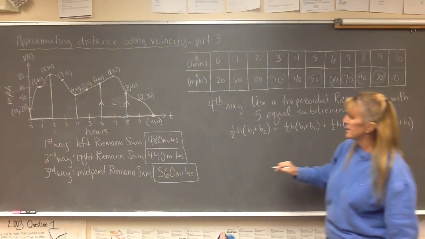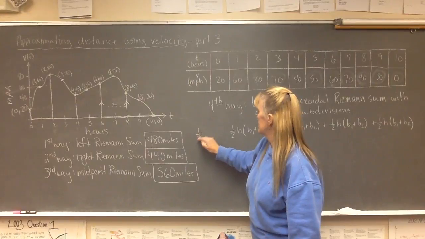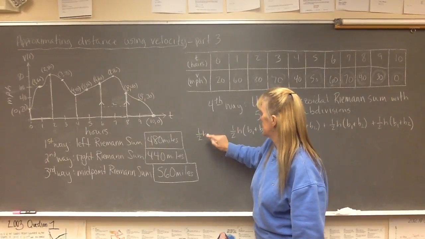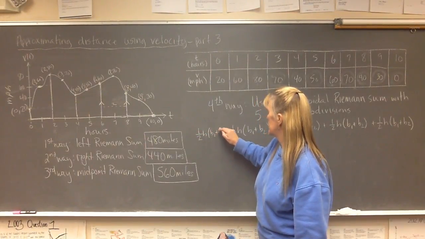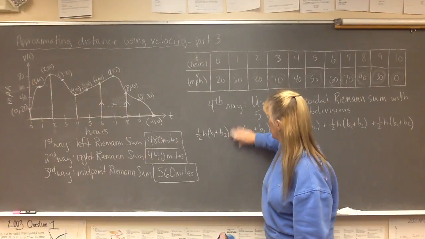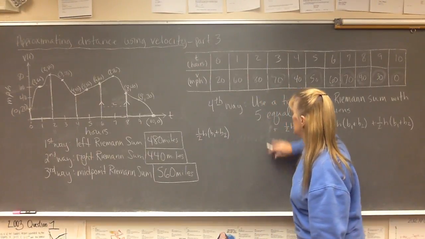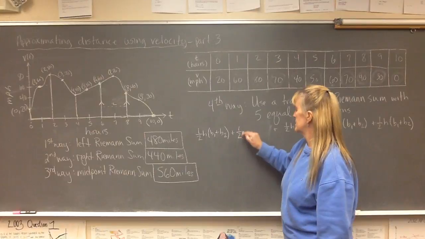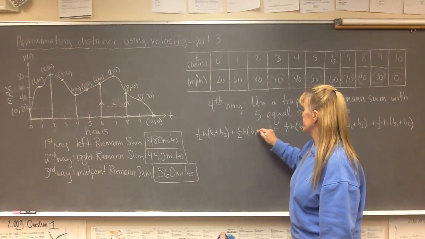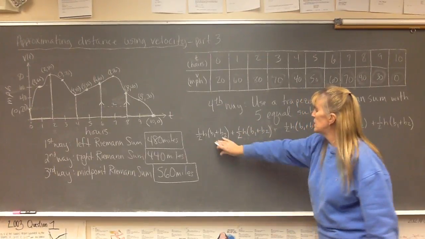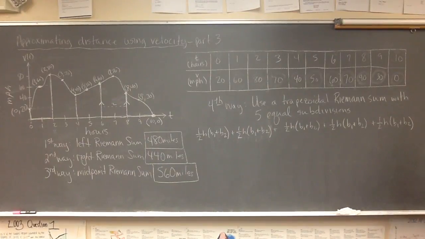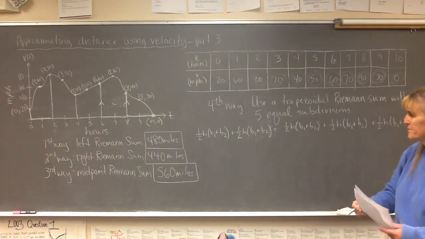So I'm going to have to put the area of the 5th trapezoid here. There we go. 1, 2, 3, 4, 5. We'll fit them all in there. It'll work somehow or another.